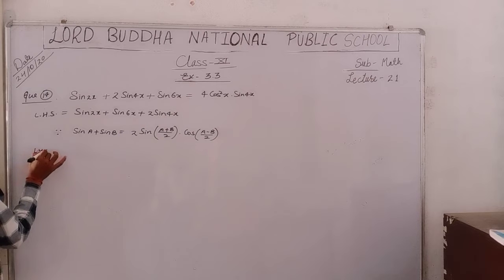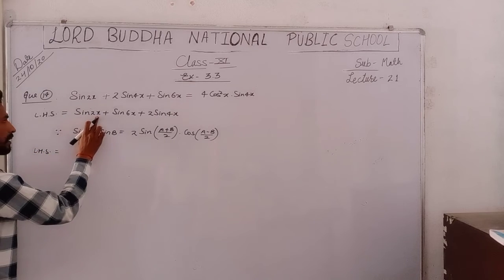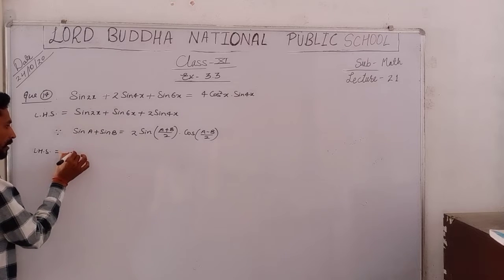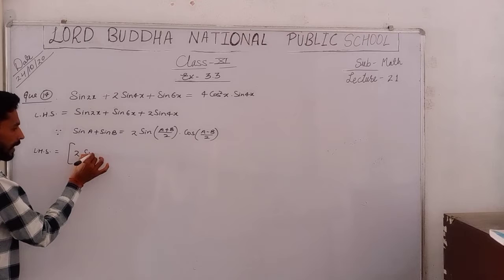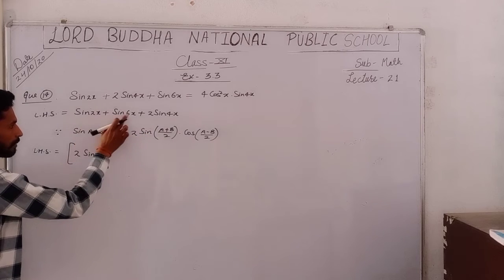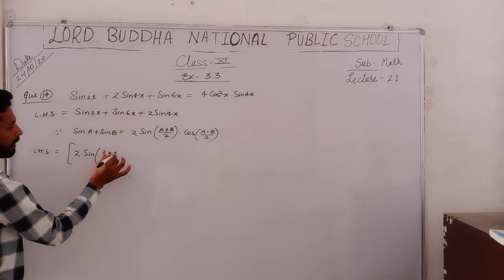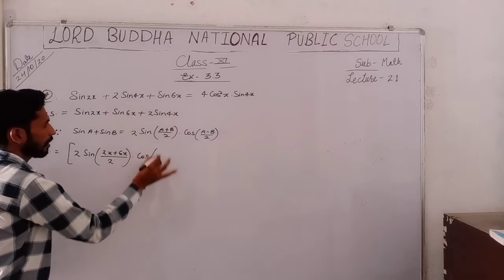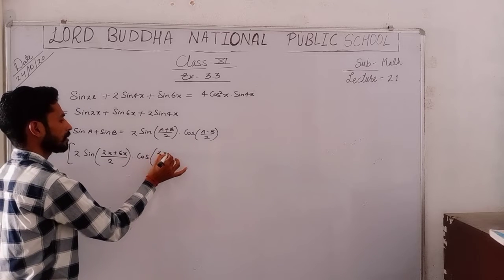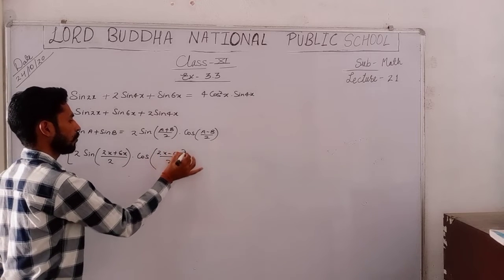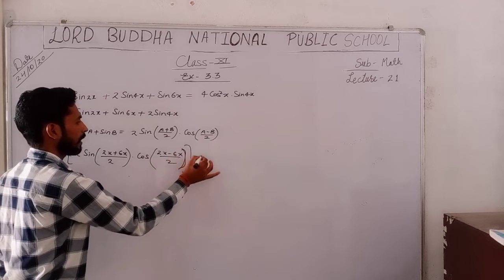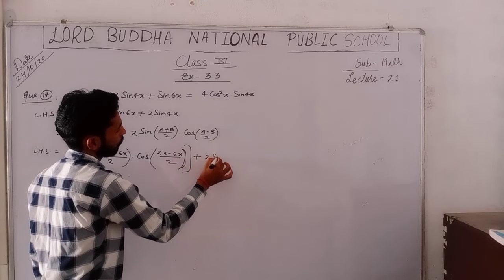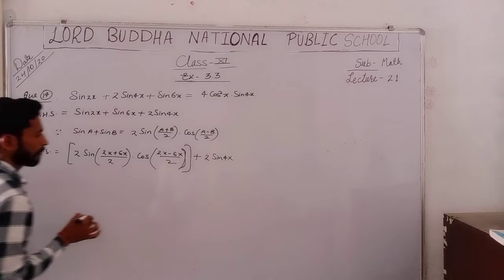So now left hand side equals, in place of sin 2x plus sin 6x we can use this formula. So it will be 2 sin (2x plus 6x) divided by 2 into cos (2x minus 6x) divided by 2, and close the bracket, plus the last term 2 sin 4x.